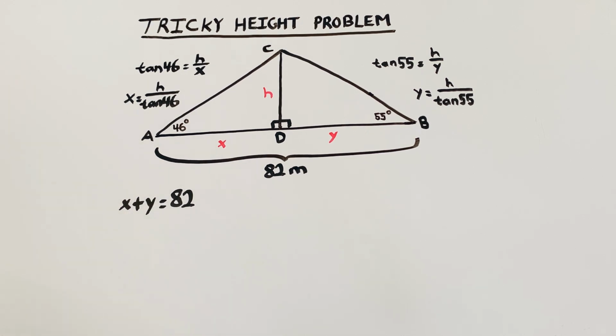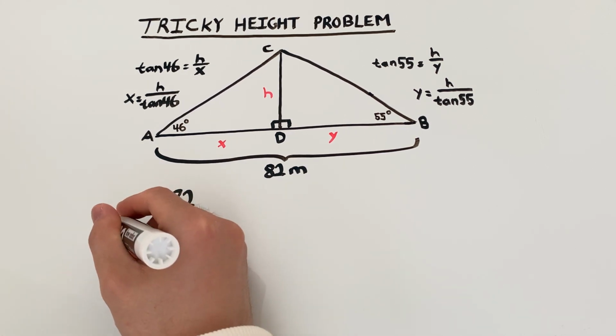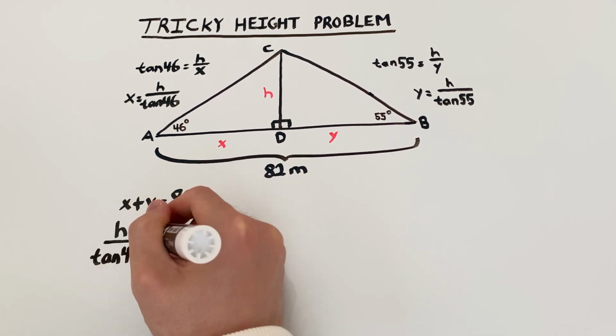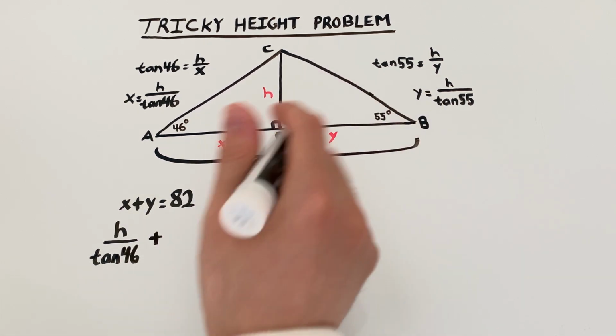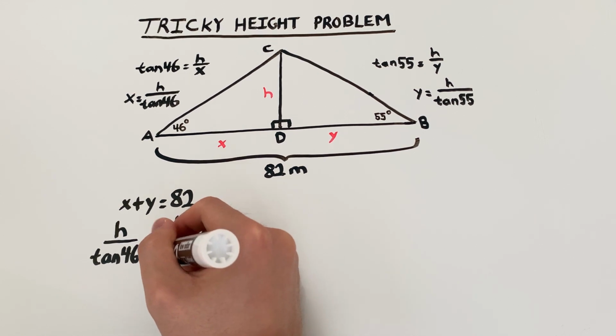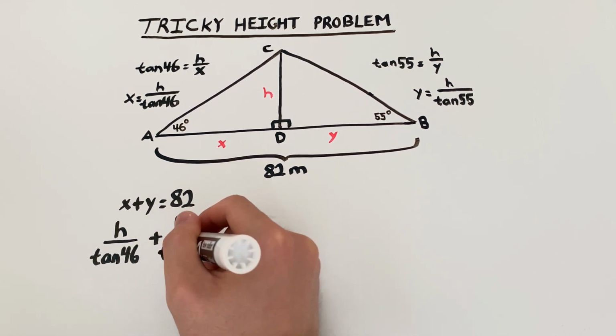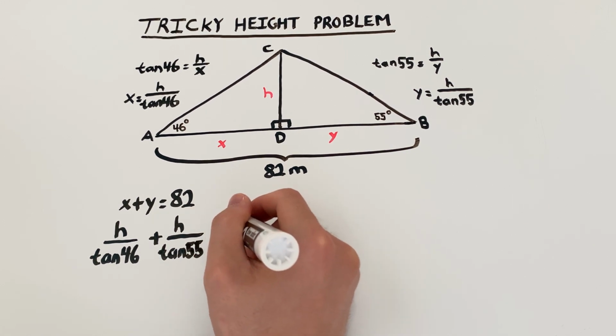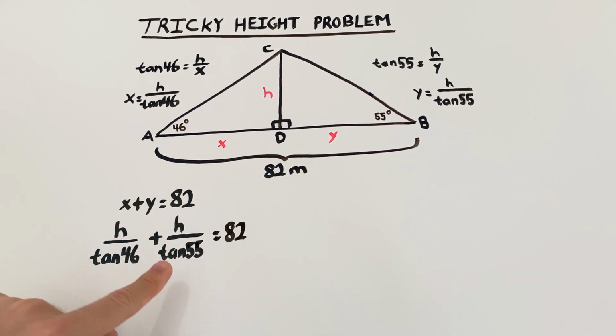Since x is equal to h over tan 46, and y is equal to h over tan 55, we have this equation. And from here, we just have to solve for h.